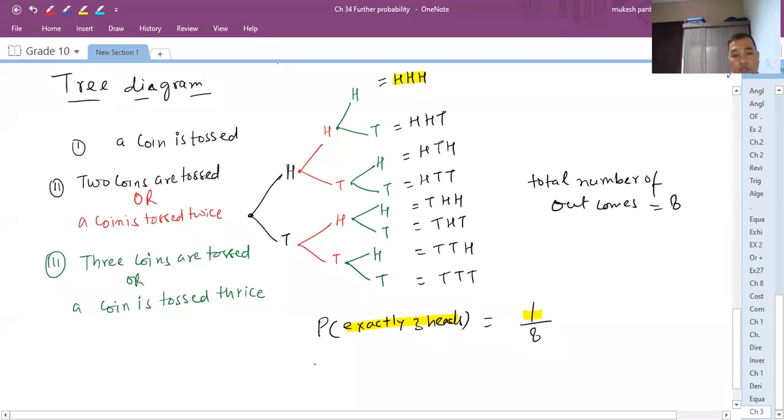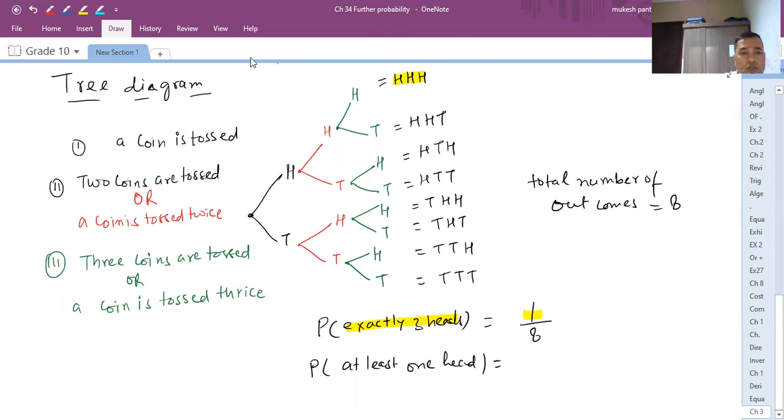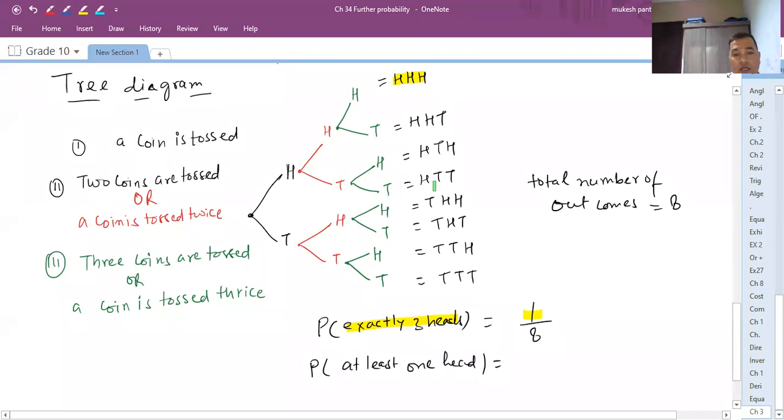But if I ask the probability of at least one head, what will be your answer? You'll count all those outcomes which are giving you a head. Wherever you find a head, this event, this event, this event, and this event. Sorry, at least one head.